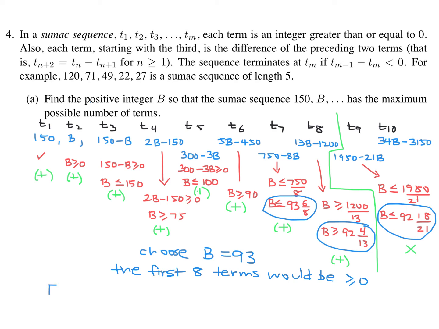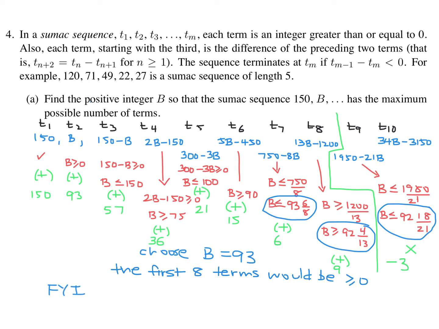And just as an FYI, the numbers from T1 onward would be, let me just write them in: 150, 93, 57, 36, T5 would be 21, T6 would be 15, T7 would be 6, T8 would be 9, and then T9 would be negative 3.